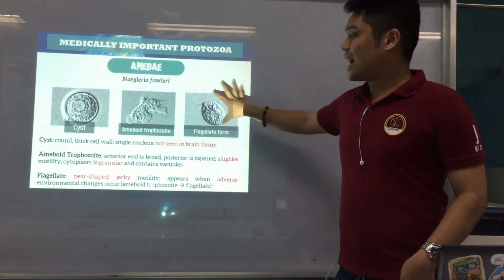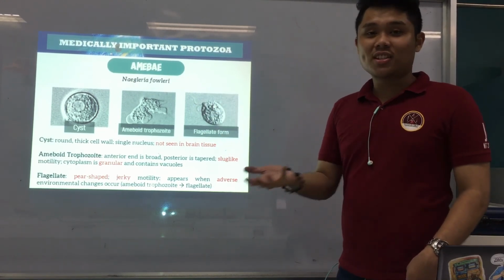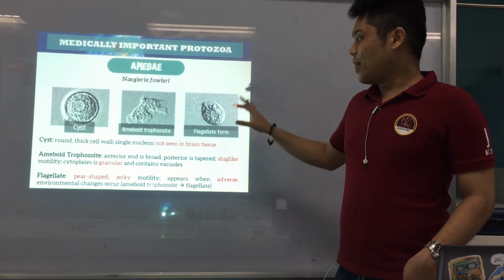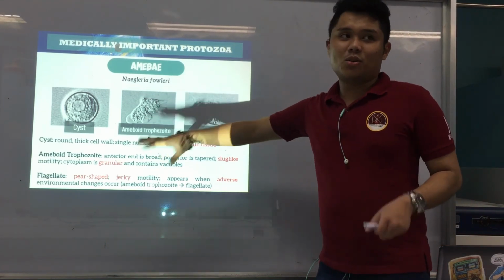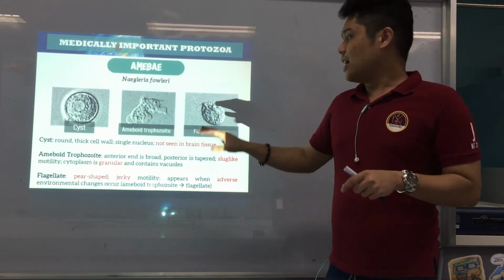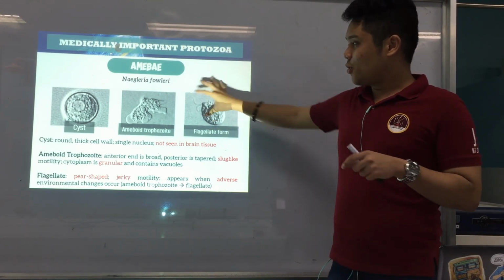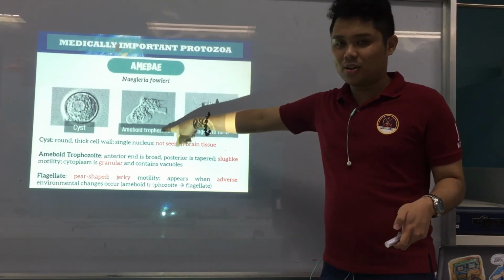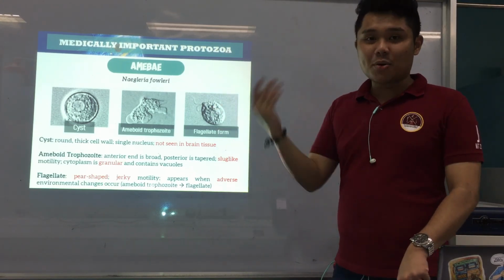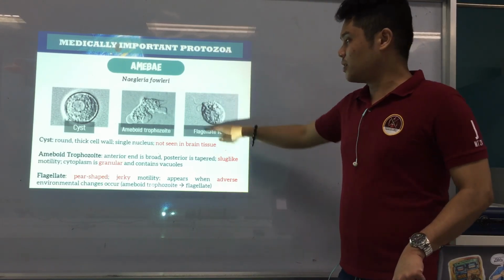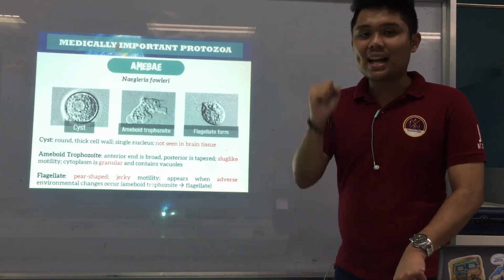It's just that it has this form whenever there are changes in the environment. And once the environment is okay, from the flagellate, it now becomes the amoeboid. So it just converts. The flagella retracts, goes inside, and becomes an amoeba again once the environment is okay. But again, generally, it's still an amoeba. Do not be confused by the flagellated form.